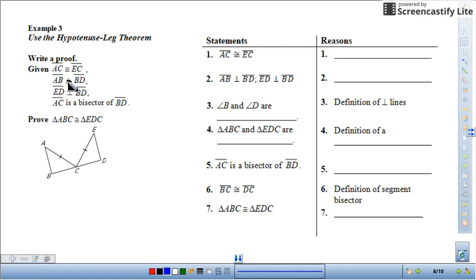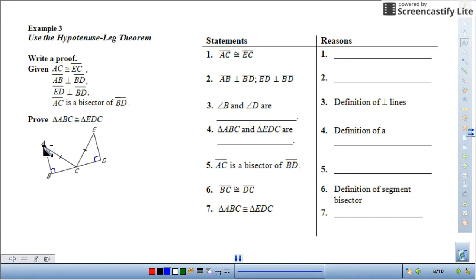We know that AB is perpendicular to BD. So if AB is perpendicular to BD, we know that that must be a right angle. If ED is perpendicular to BD, we know that that must be a right angle. And we know that AC is a bisector of BD.